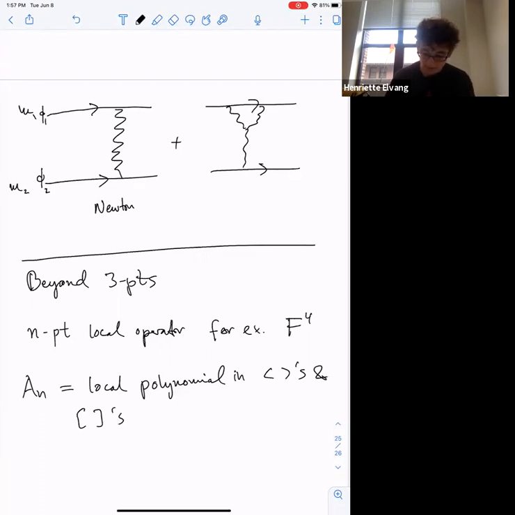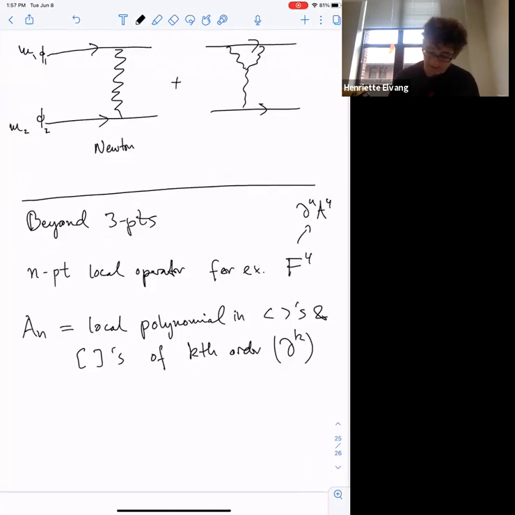And it has to be of a certain degree, which for F to the 4 will be, this has 4 derivatives and 4 A's. So that would be something of 4 derivatives, so of kth order, where k counts the number of derivatives that would be in there.